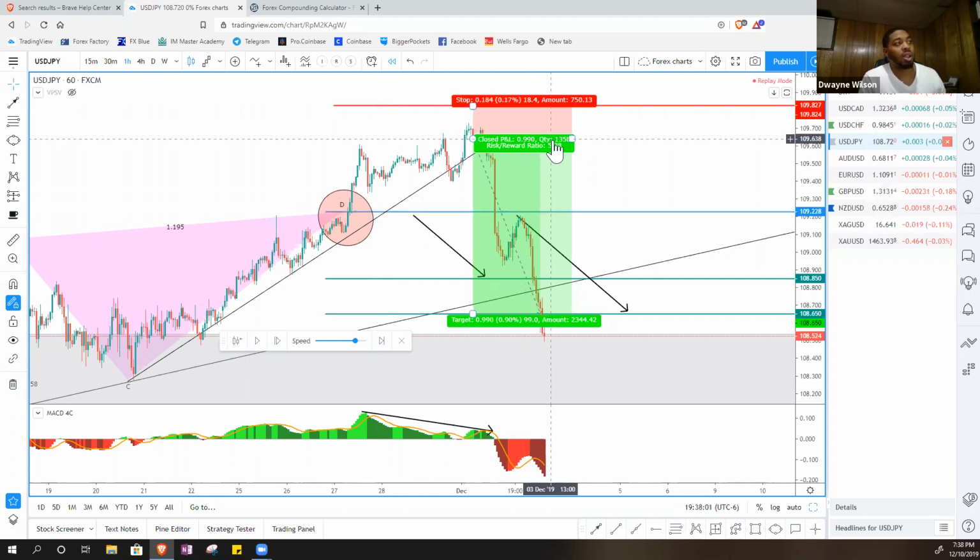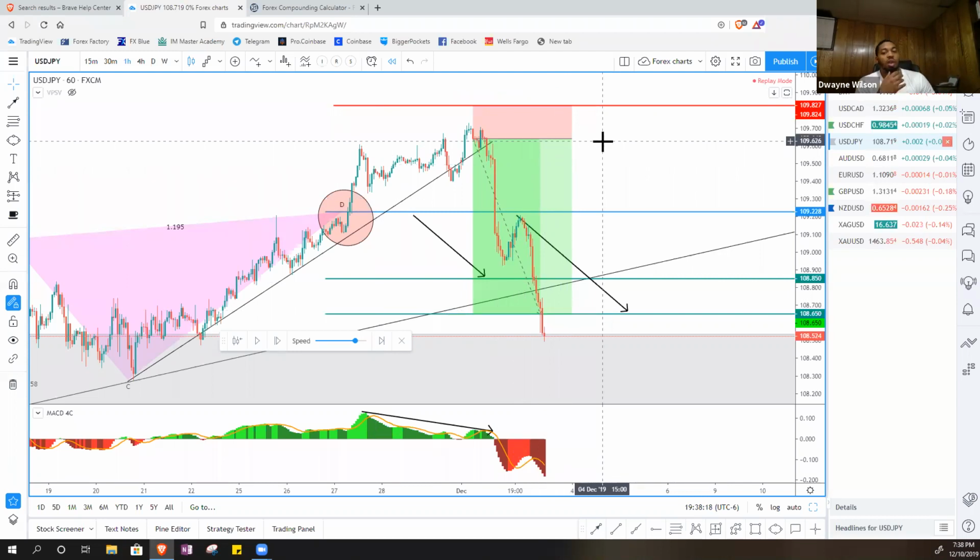I can increase my lot size by almost 5 times the amount. Now, with this one trade setup, if we would have held it all the way to take profit 2, ladies and gentlemen, with a risk reward ratio of 5.4, rounding up, you just increased your account by 25% off of this one trade.